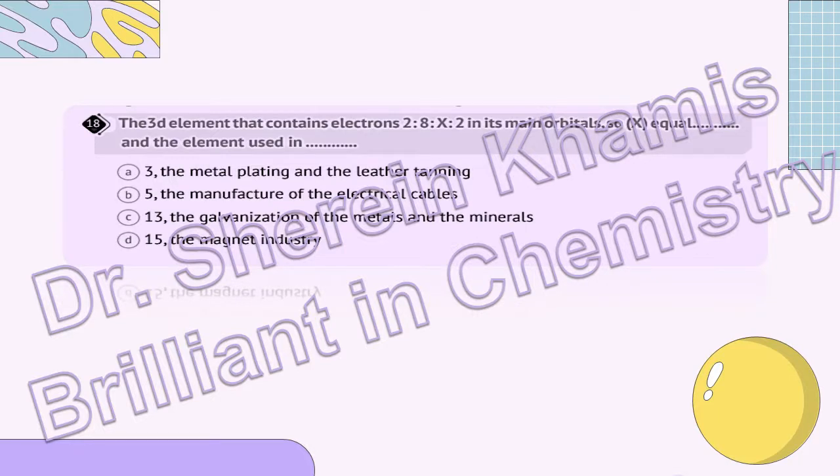If we discuss the number of electrons that we have, this is an element that we use for different properties or different functions. If we collect all of these, we have 2, 2 and 8.